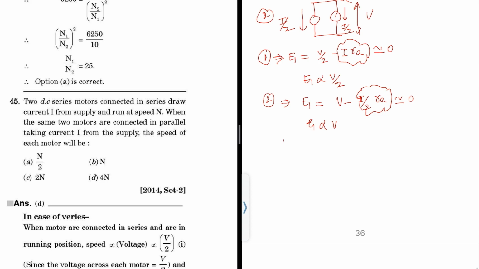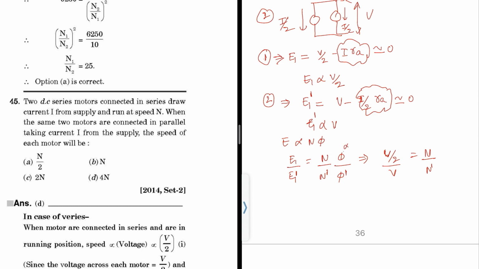We know E is proportional to N into phi. I will represent E1 dash here. So E1 by E1 dash equals N by N dash into phi by phi dash. So E1 proportional to V by 2 divided by V equals N by N dash.